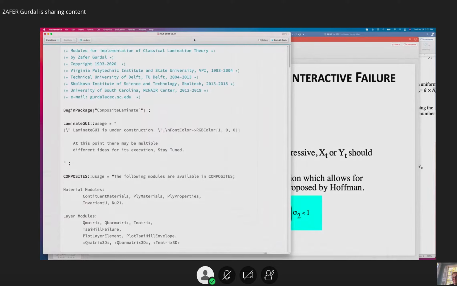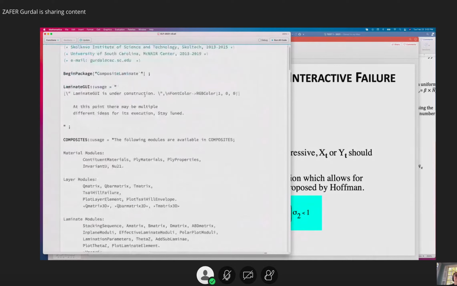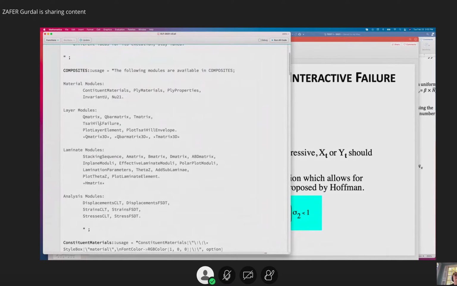But the version that you guys have may not have this function right now, which is called plot Tsai-Hill envelope. In fact, this doesn't work yet. Plot doesn't work yet, but Tsai-Hill failure.